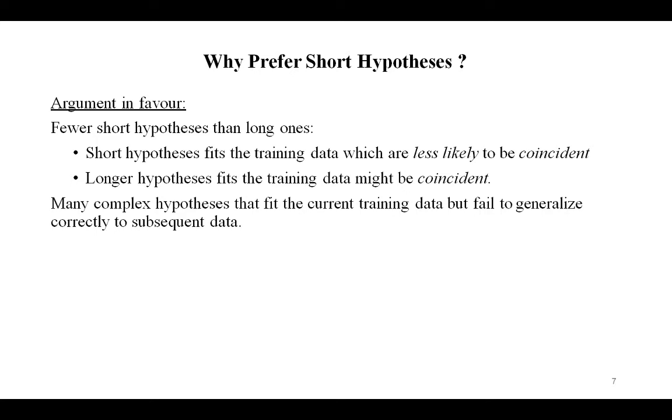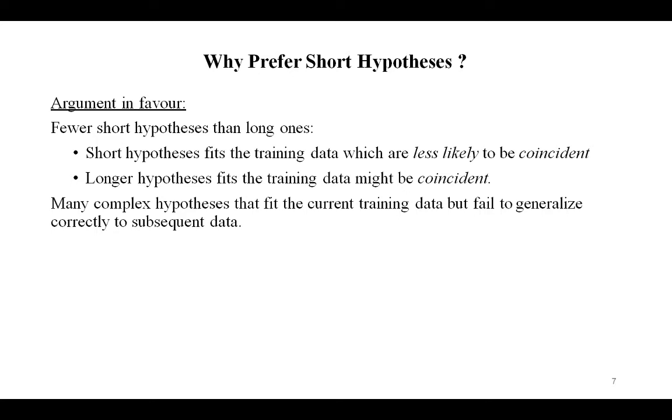Given a small set of 20 training examples, we might expect to find many 500 node decision trees consistent with these training examples, whereas we would be more surprised if a 5 node decision tree could perfectly fit this data.